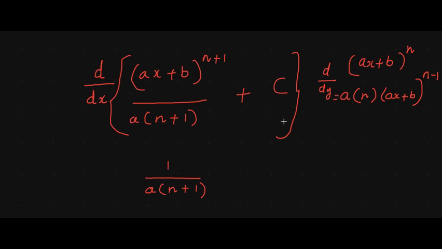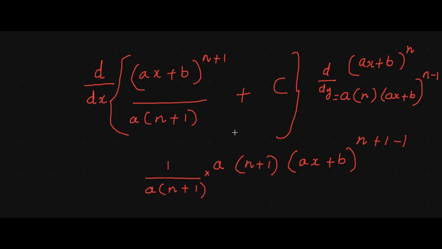Now things are a little different. Instead of n, you have n + 1. You got it, right? So I'm just going to say a multiplied by, instead of n, n + 1. Then I put (ax + b) to the power of n minus 1, but instead of n I have n + 1, so it's n + 1 minus 1, correct?